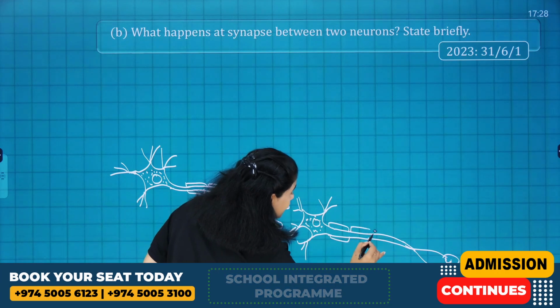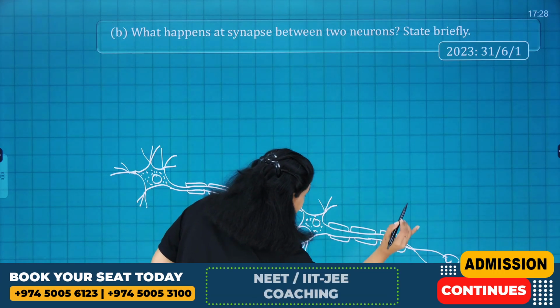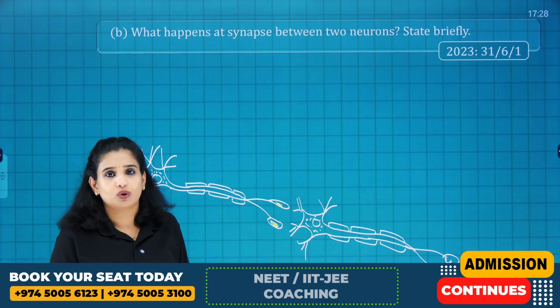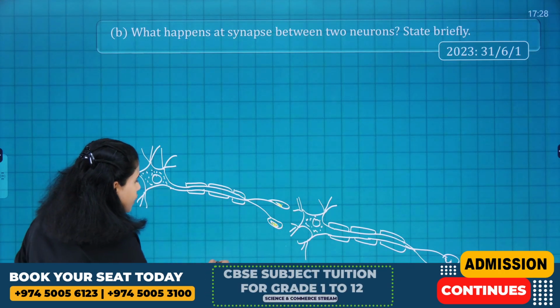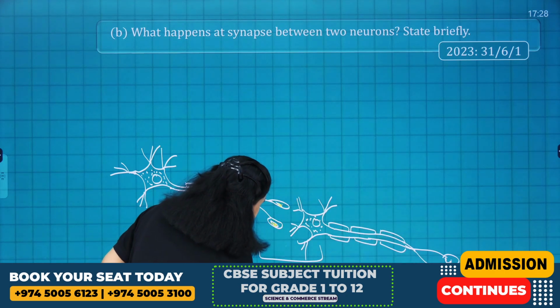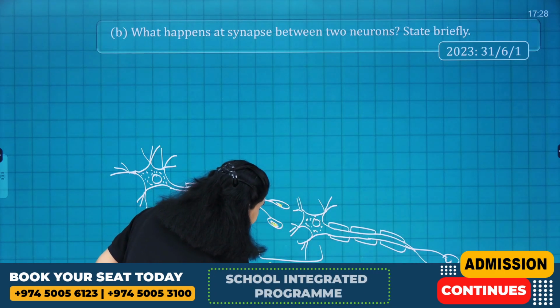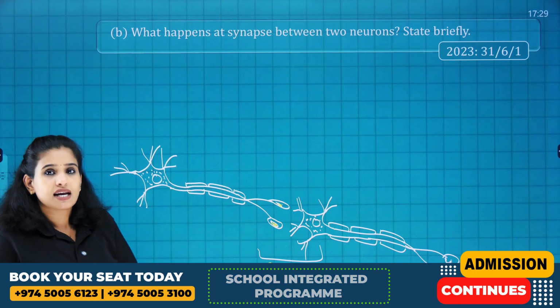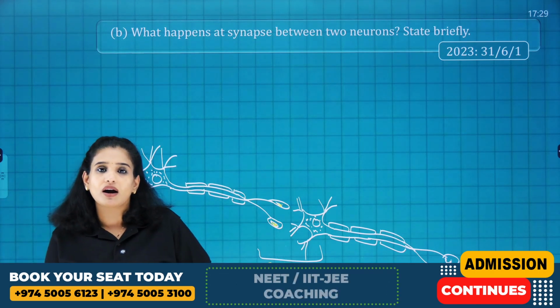There is a microscopic gap between adjacent neurons. What is this called? This gap is called a synapse. The microscopic gap between adjacent neurons is called a synapse.